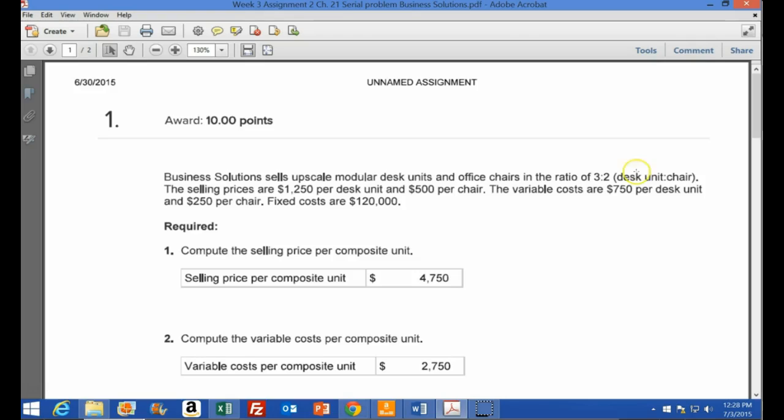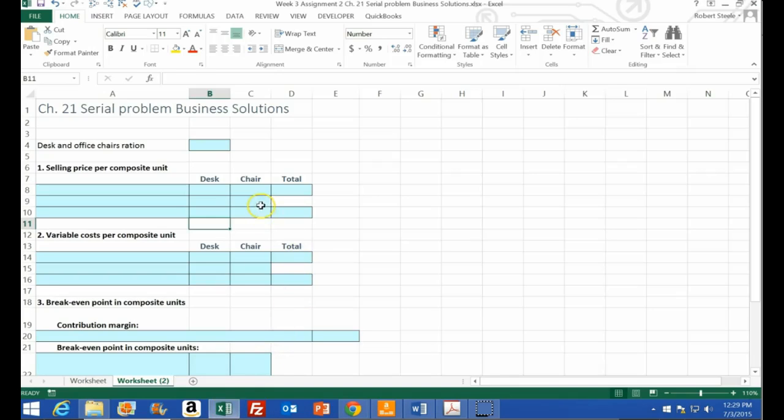The selling price is $1,250 per desk, and remember that there are 3 desks in a desk unit, and $500 per chair, and there are 2 chairs per desk unit. The variable costs are $250 per desk unit and $250 per chair. Fixed costs are $120,000.